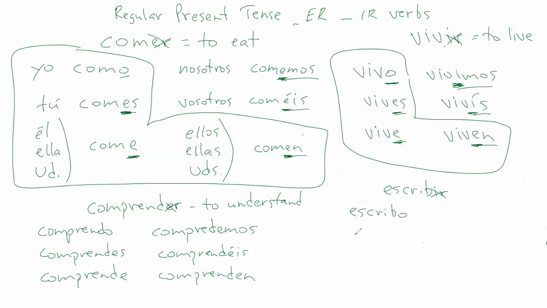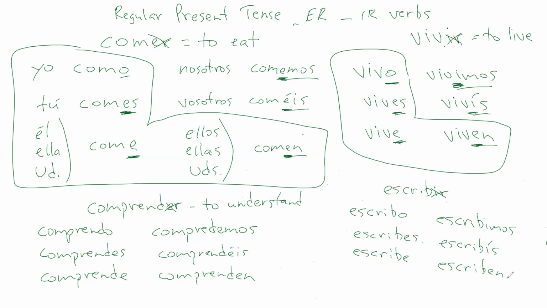Escribo, escribes, escribe, escribimos, right, with the IMOS. Escribís, I with an accent S. Escriben, right? So once we've got the endings, then it's just easy to put them on anything you want, okay?